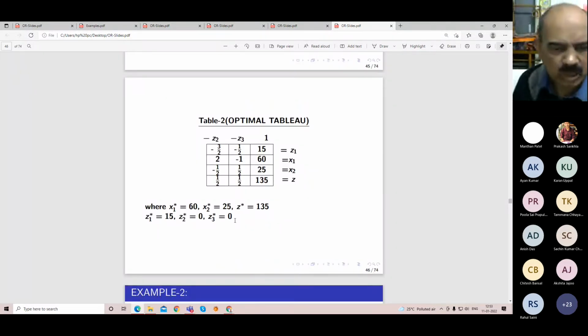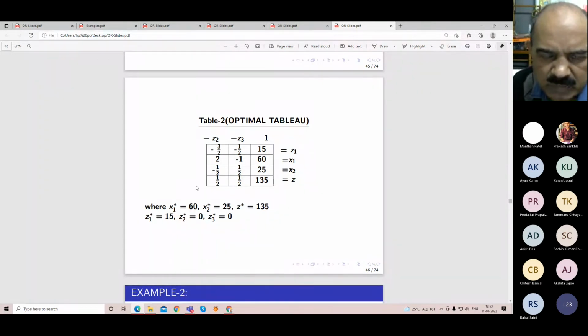Now, the question is whether this is the only optimal solution or whether there is any other optimal solution. The answer is no, there is no other optimal solution. Instead of this half, two halves are there. If one of them is 0, then we can say that yes, there may be an alternate optimal solution.